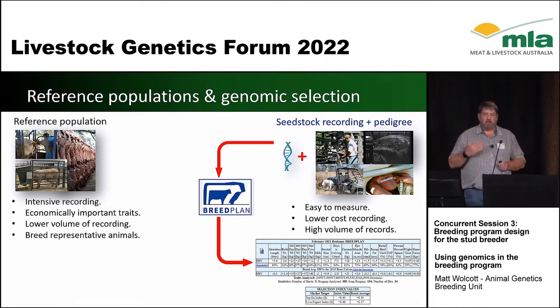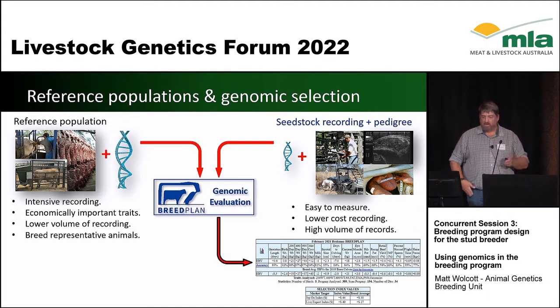What the development of single-step evaluation has allowed us to do is to focus in on those really hard to measure, high economic value traits, record them really intensively in a relatively small subset of the population. And it means that small subset has to be quite carefully selected. There has to be a lot of design go into developing these reference populations. They're traits that are hard to measure, expensive as a rule.